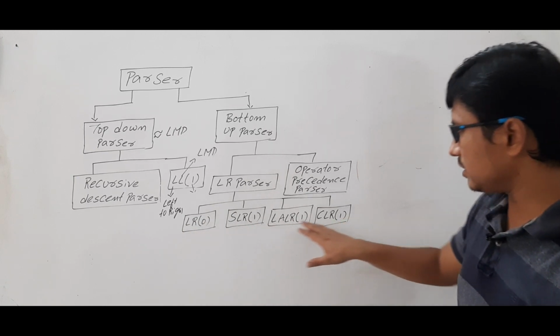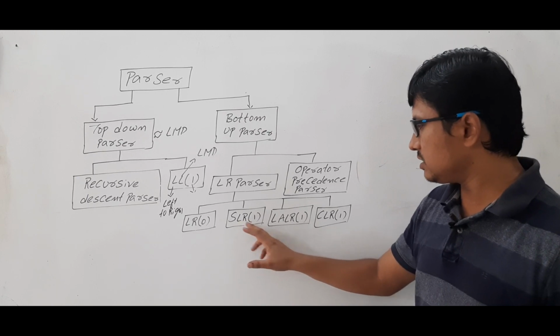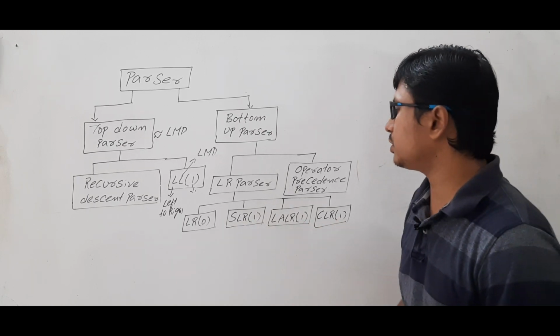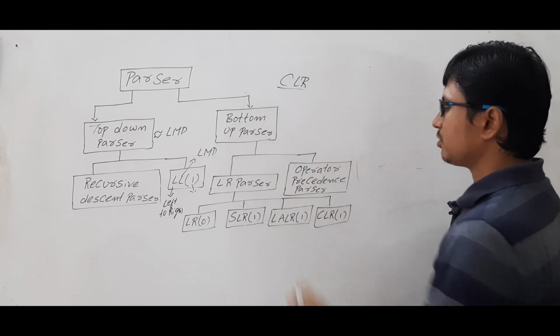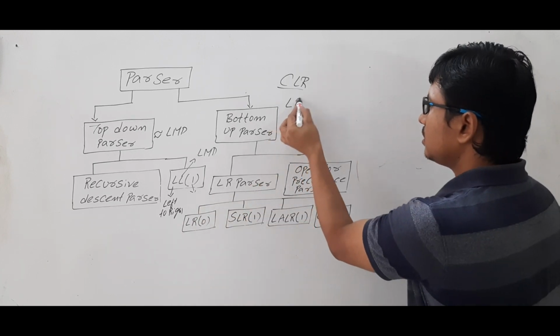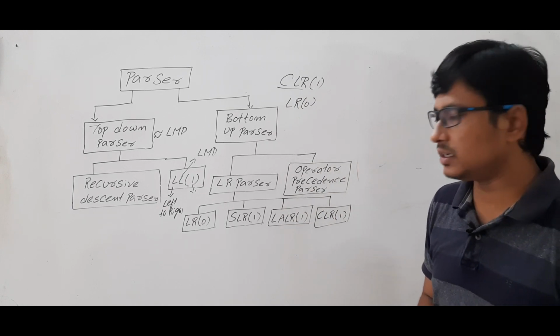Why I have written this order is, this is the least powerful as compared to this one, and this is the most powerful. So CLR is the most powerful as compared to all these parsers, and the least powerful is LR0. Is it clear? Are you able to understand it or not?